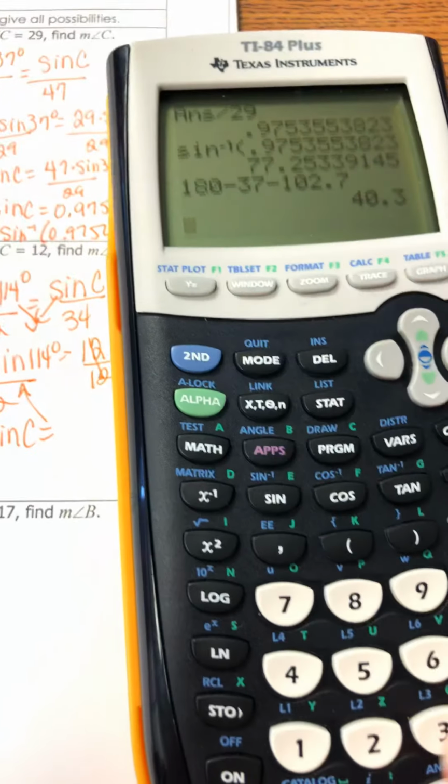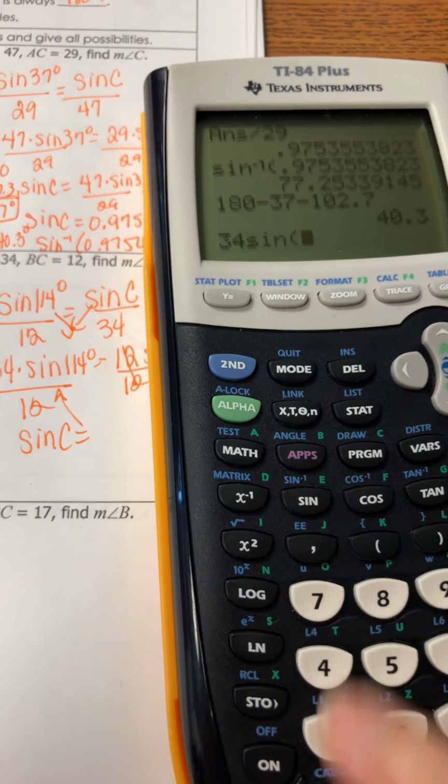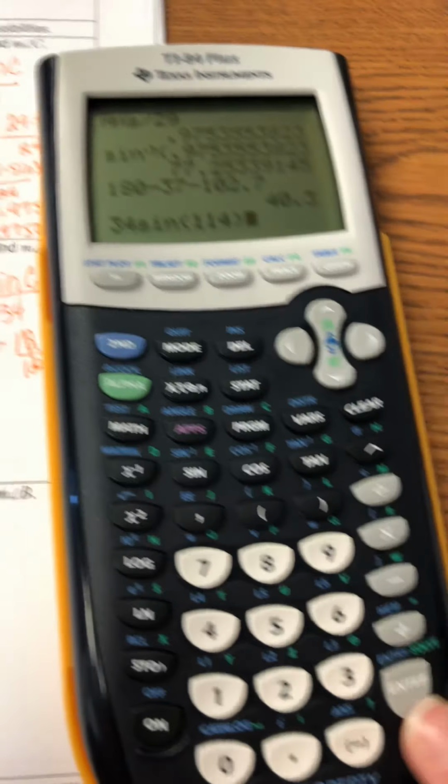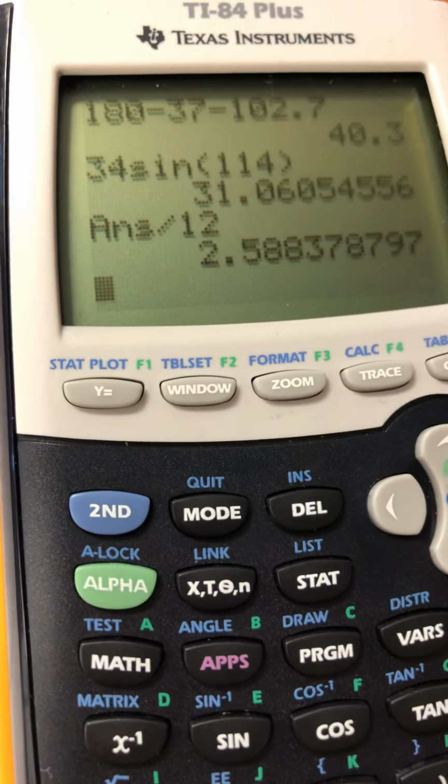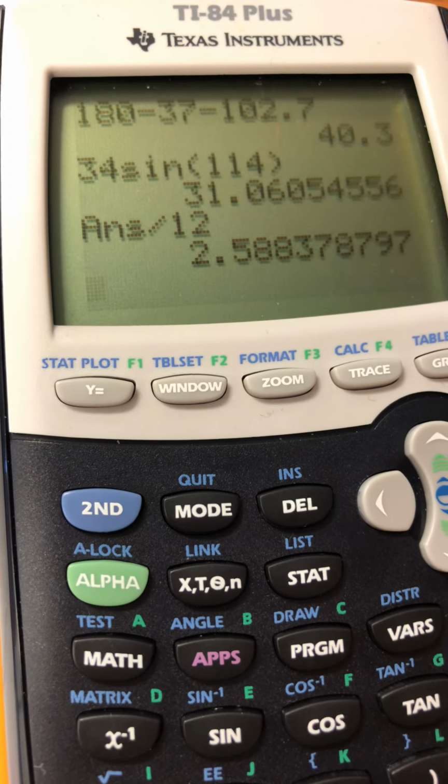So we have 34 times the sine of 114 degrees, and we're going to divide that by 12. Look at that, 2.5884.